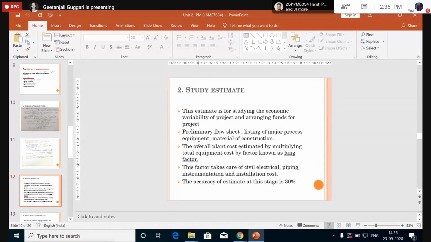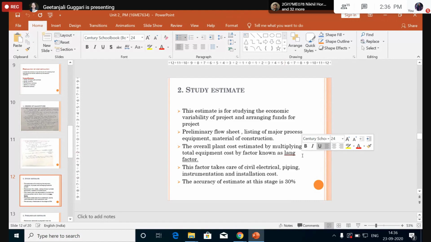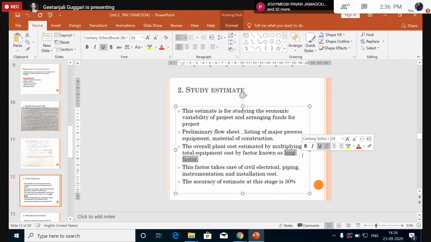The overall plant cost is estimated by multiplying the total equipment cost by a factor known as the Lang factor. What is this Lang factor?